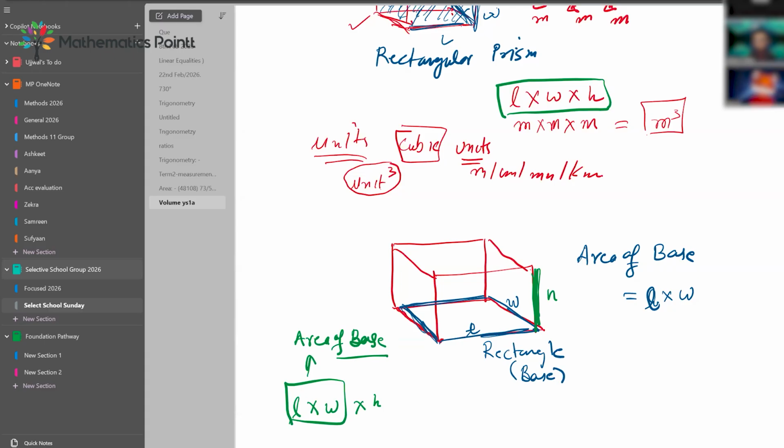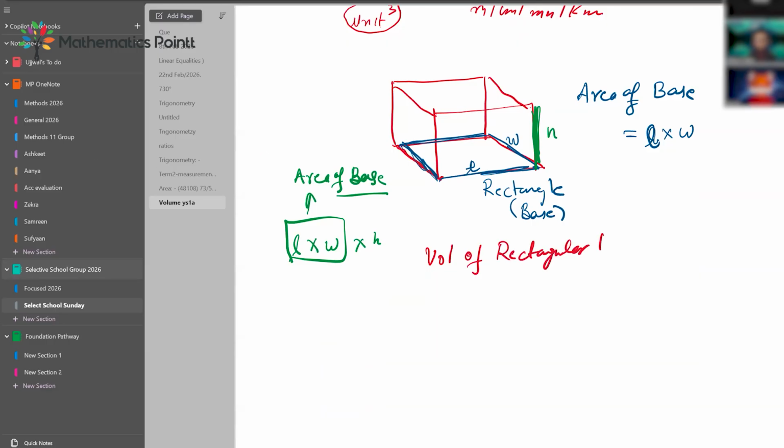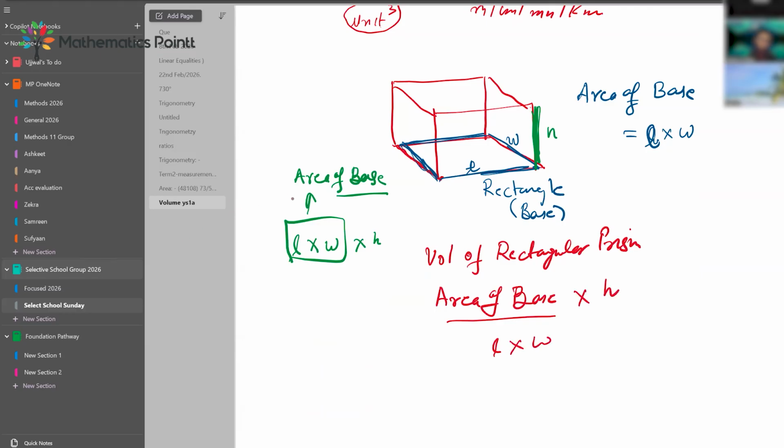So the volume of this rectangular prism, or the shoebox as I'm calling it today, is the area of the base, which is length times width, multiplied by the height.